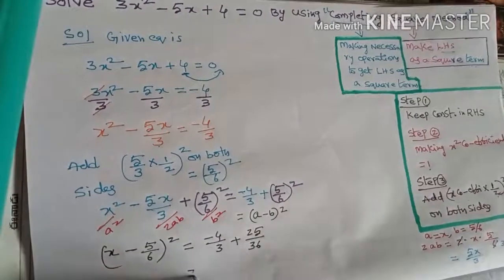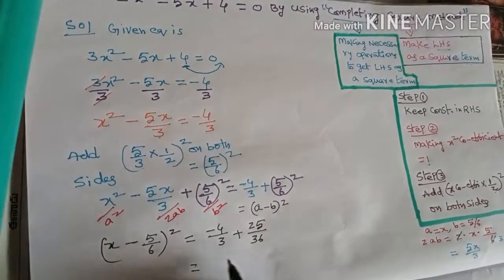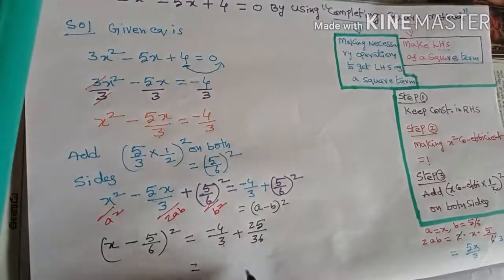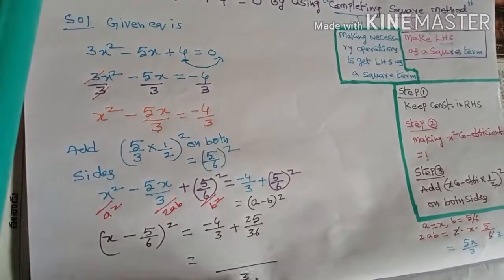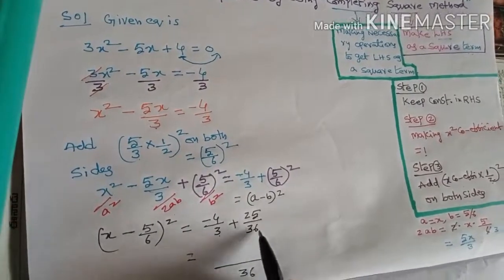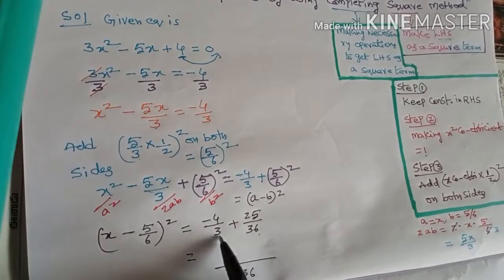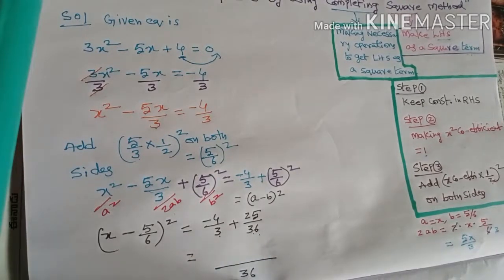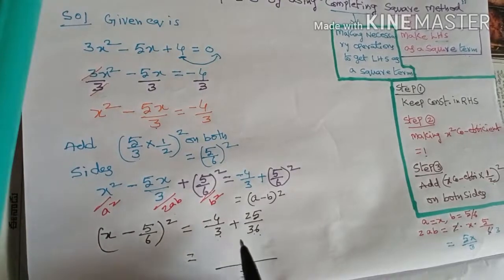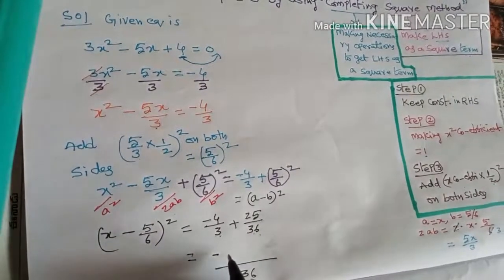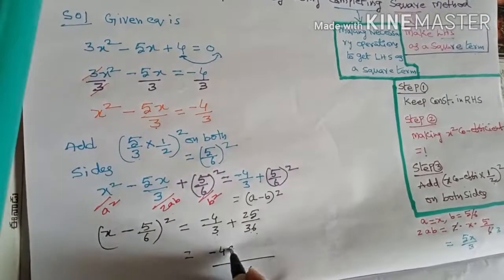Therefore, you have to calculate the RHS value. Here you have 3, here you have 36. What is the LCM of 3 and 36? It is nothing but 36, because the largest number is divisible by the smallest number. This 3 is increased by 12 times to get 36, therefore the numerator also will be increased by 12 times, that means minus 4 twelves, which is 48.